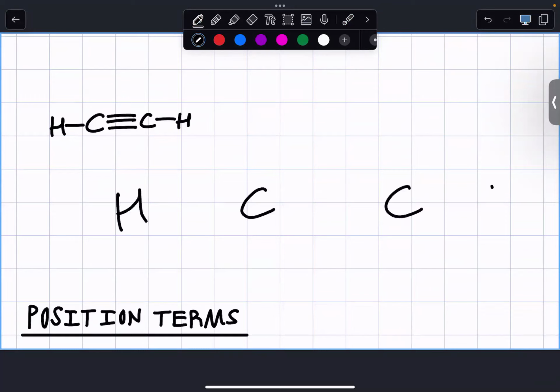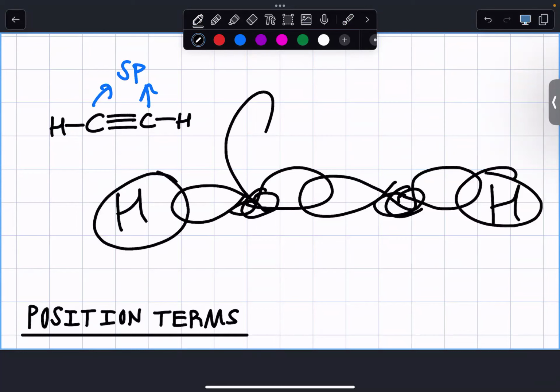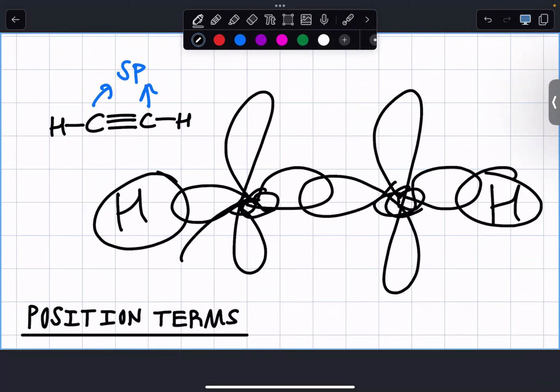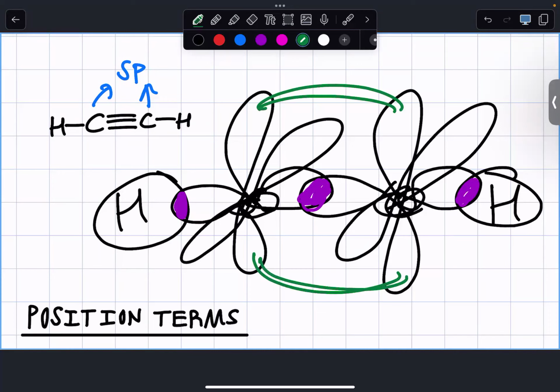because these are now sp hybridized, where there's 2 sp orbitals on that carbon. And 2 p orbitals here, 1 and 2. So the sigma bonds are here. And then the pi bonds are between the 2 parallel p orbitals.